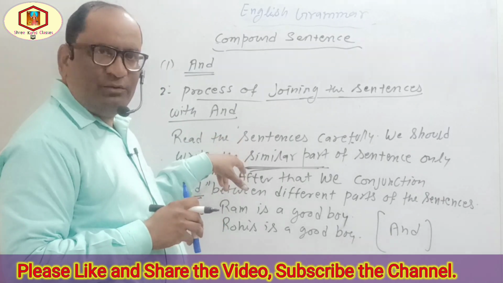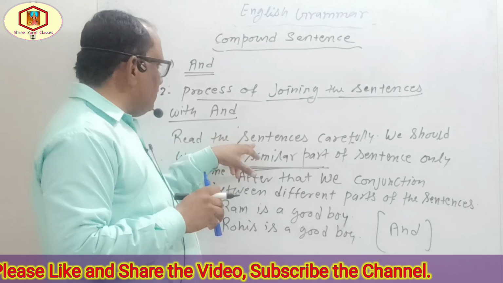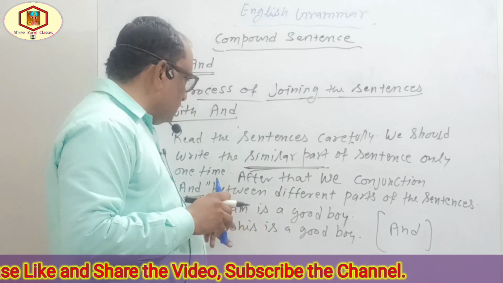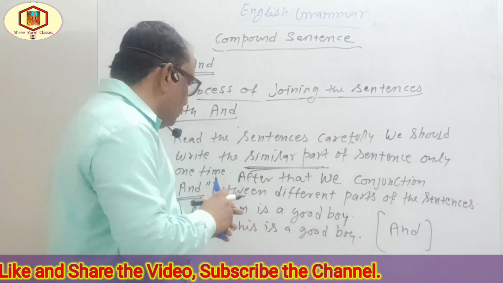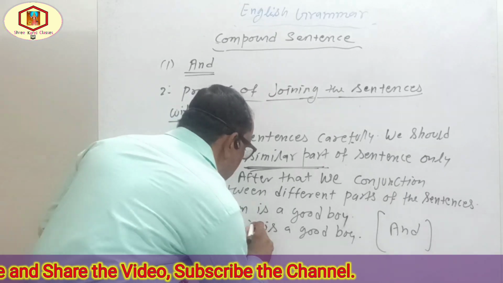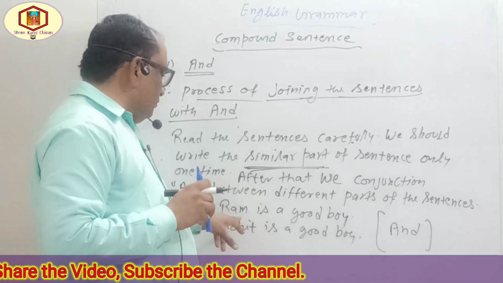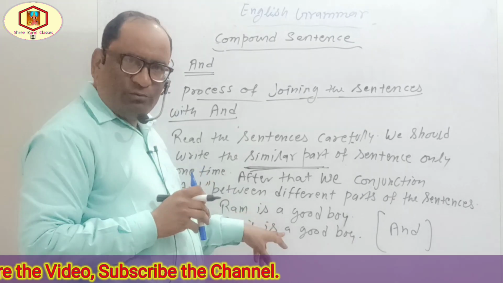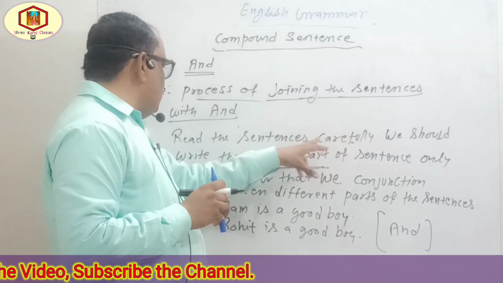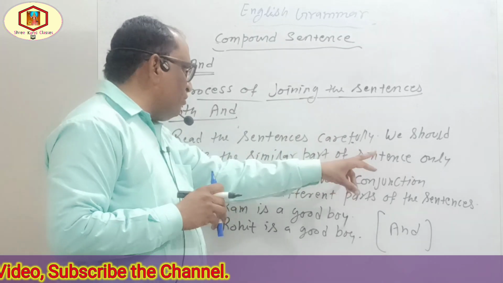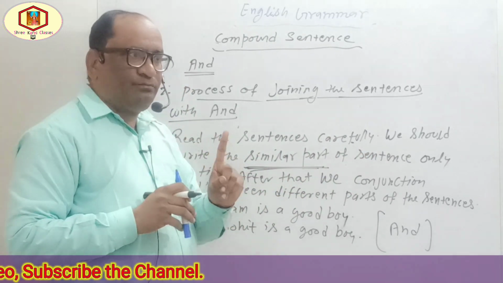Process, again read carefully. Read the sentences carefully. Ram is a good boy. Rohit is a good boy. We should write the similar part of sentence only one time.